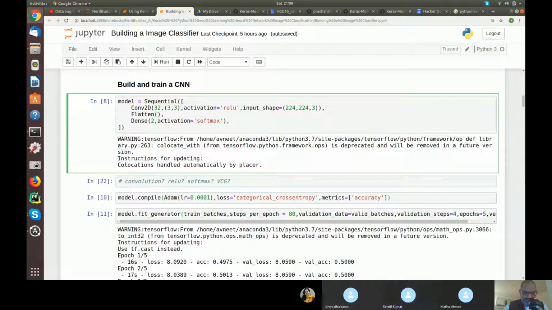The second step is where we define the optimization algorithm, the loss function for that optimization algorithm, and the metric that we use to understand how well the algorithm is working.